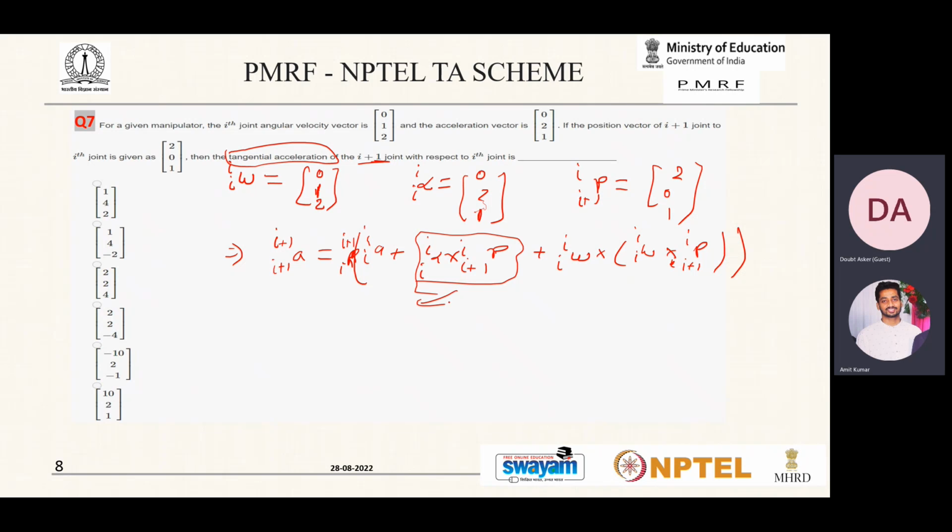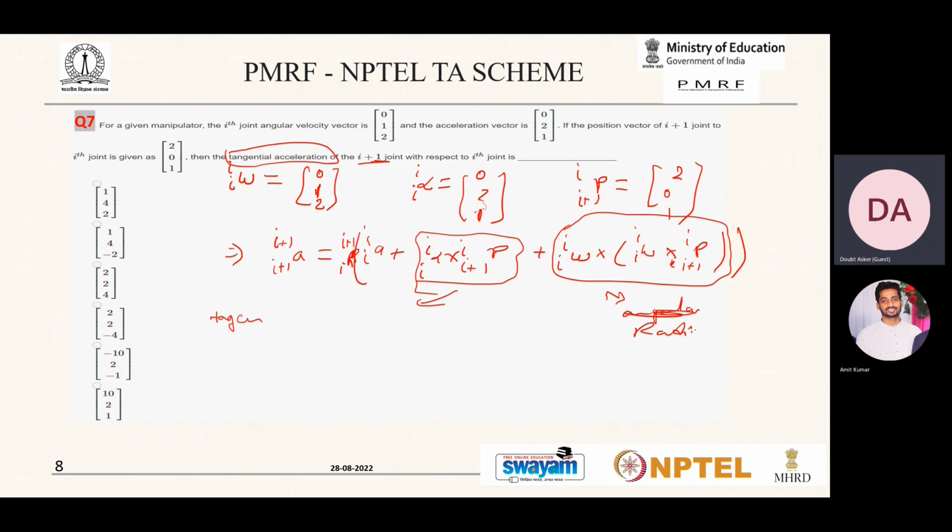So what we have to find? We have to find this one. So tangential, and this is nothing but radial acceleration. So the tangential acceleration we have to find.